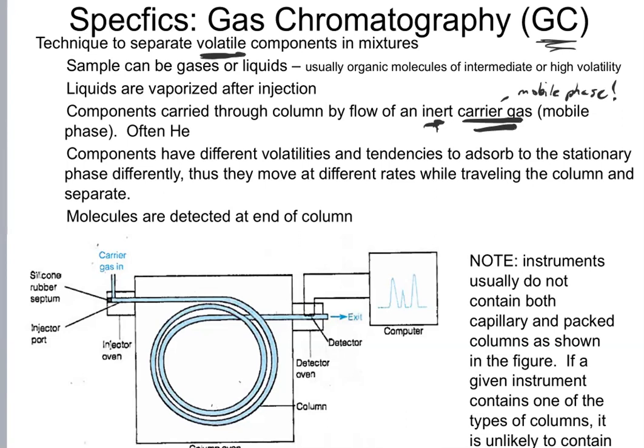Now, volatile, we throw that word around a lot. What does it mean, right? Sometimes people think that means it's going to kind of catch on fire and explode. Sometimes volatile compounds may do that, but that's not the way chemists use that word.